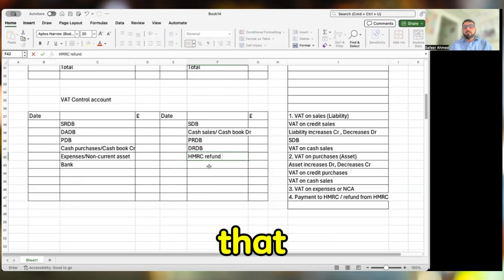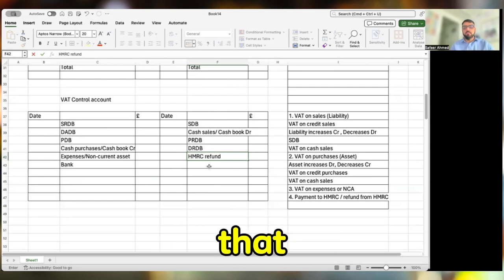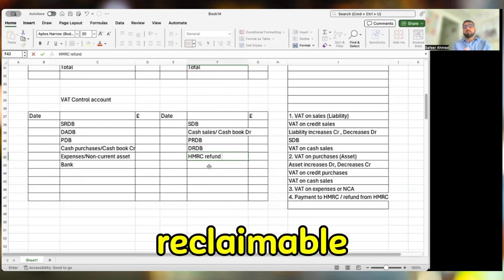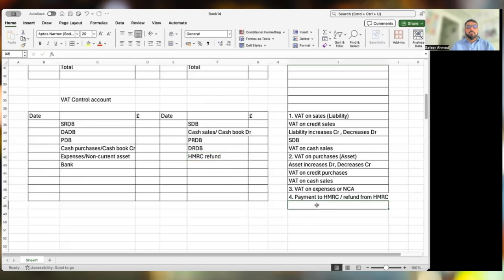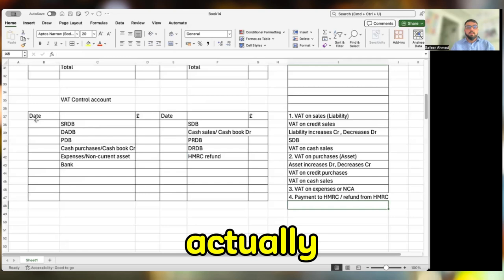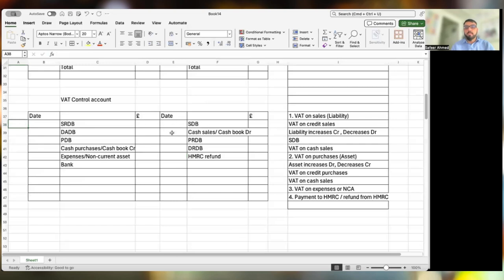Now, remember that an HMRC refund is basically a decrease in asset, because remember that it was reclaimable and now it's not reclaimable anymore as far as the VAT control account is concerned. One thing I forgot to mention is that the balance brought down can be on any side in the beginning.